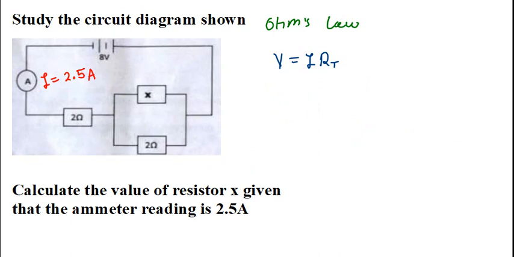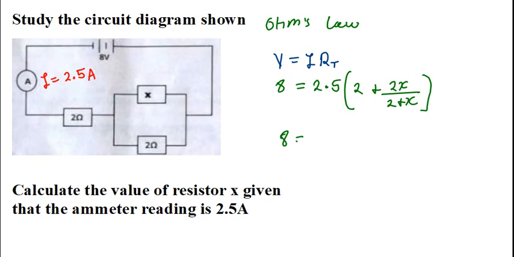So the voltage we have been given as 8 volts is equal to the current we have been given as 2.5 amps, times the resistance. For the resistance we have 2 plus the two resistors that are in parallel, so we're going to have 2x divided by 2 plus x. So 8 is equal to, you can expand this, 2 multiplied by 2.5, that's going to be 5.